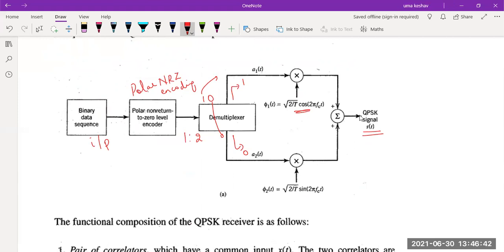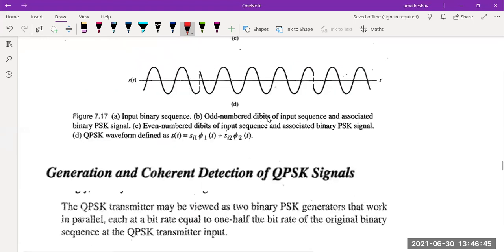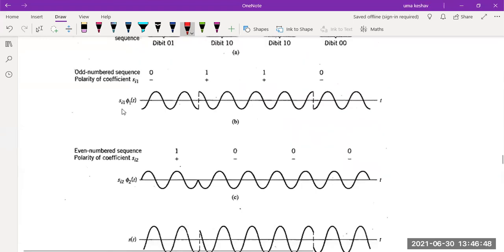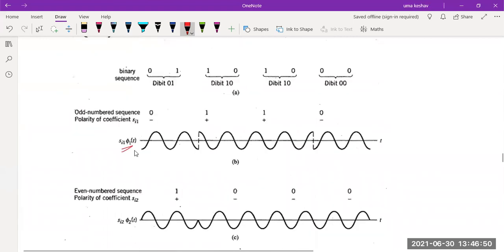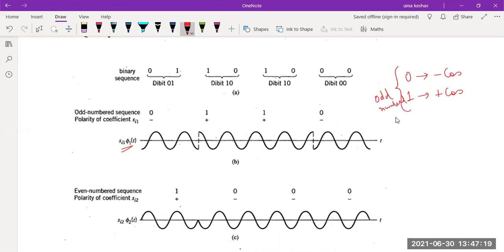This is how I am going to write the representation here in the waveform. Let's write the first part of the signal, S I1 phi1 of t, the upper part. And one more thing you should remember, a 0 will be represented with minus cos, and a 1 will be represented with plus cos. We are going to use minus cosine to represent a 0 and a positive cosine to represent a 1 in the odd numbered data bits.